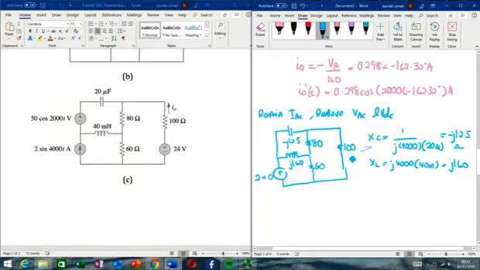So we need to calculate what is the current flow at this branch.